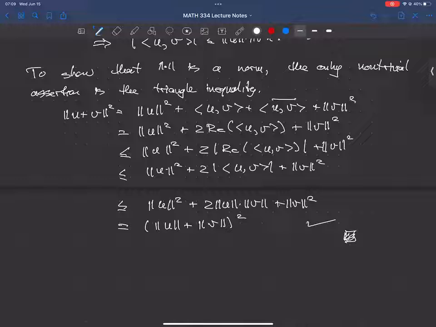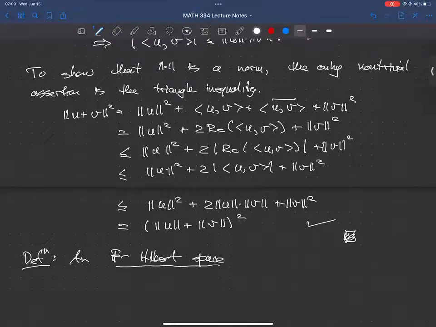Okay, and so a Hilbert space is like a Banach space for inner product spaces.